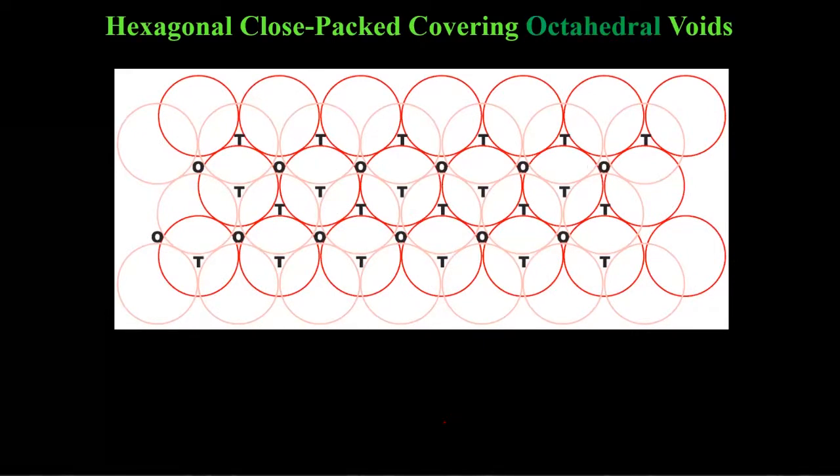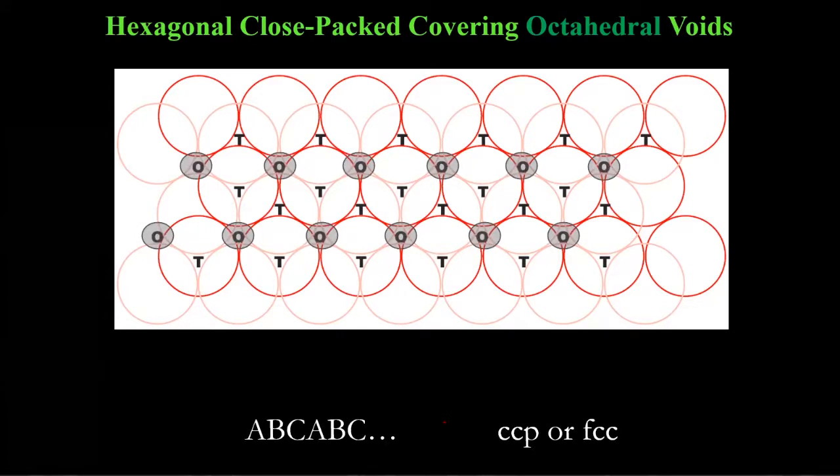For octahedral voids, these are octahedral voids here. When three lower atoms and three upper atoms are arranged alternatively, then it is ABC type or CCP or FCC. FCC stands for face centered cubic, or cubic close packing, CCP.